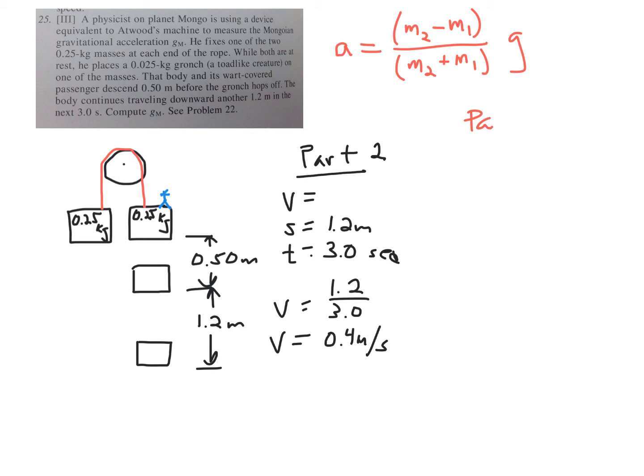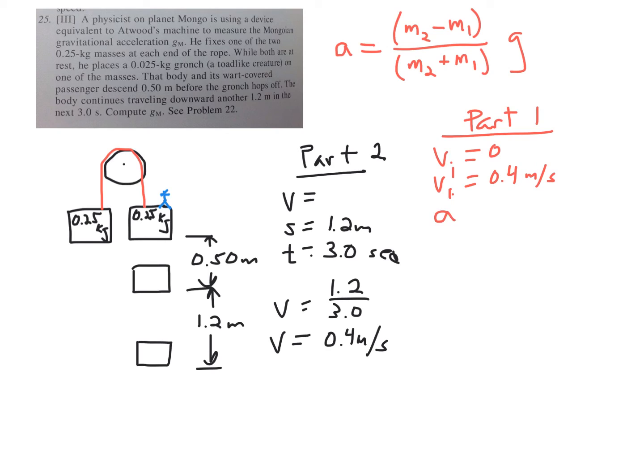Part 1, while the toad-like creature is still on there, it's accelerating down, where the v initial of the whole system, we're just concentrating on the right-hand mass right now, v initial is 0. V final for that mass with the little toad on it is 0.4 meters per second.